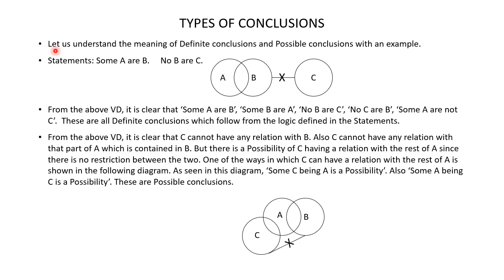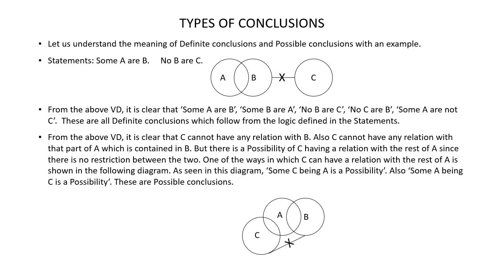Let's now understand the meaning of definite conclusions and possible conclusions with an example. Look at this example. The given statements are some A are B, no B are C. So first let's draw a Venn diagram for these statements. Now you know that Venn diagrams are drawn using circles.